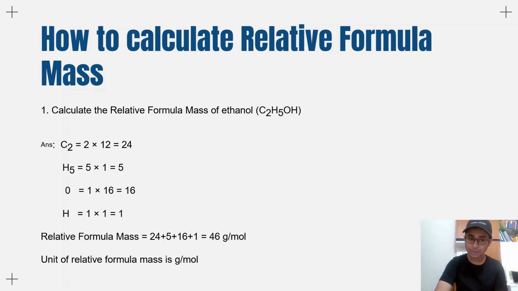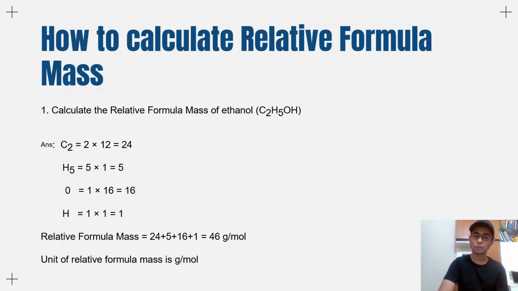Since there are 2 carbons, 12 times 2 is 24. Then there are 5 hydrogens and the relative mass of hydrogen is 1, so 5 times 1 is 5. Then oxygen has a relative mass of 16, so 1 times 16 is 16. Then hydrogen, 1 times 1 is 1.